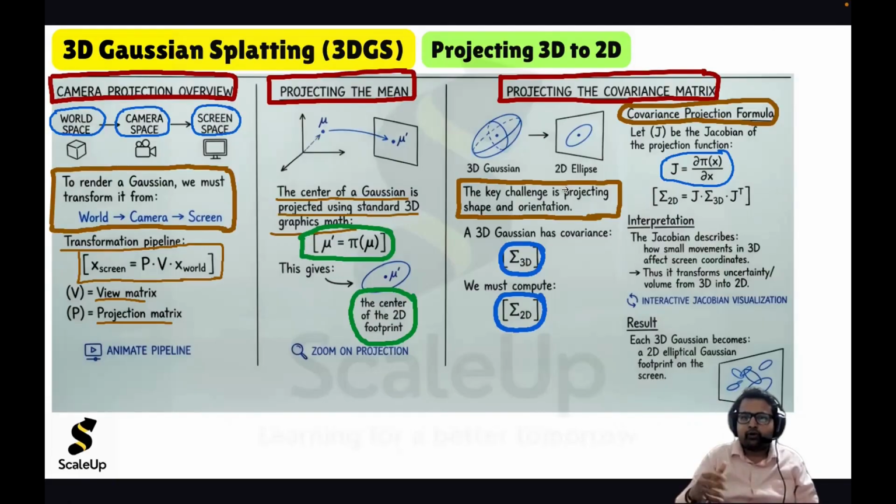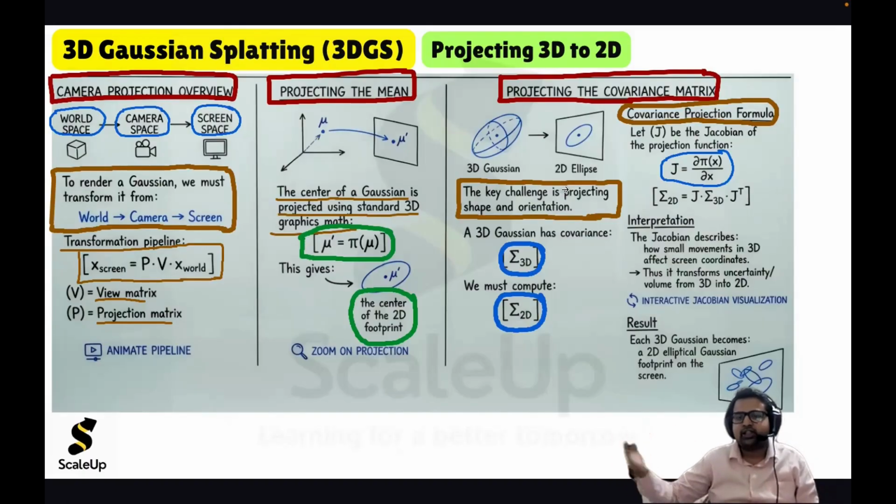That is why, for projecting shape and orientation, we have to make use of the Jacobian. The Jacobian matrix contains the derivatives, which carry information about how the projection changes with a small change in the x, y, or z coordinate.